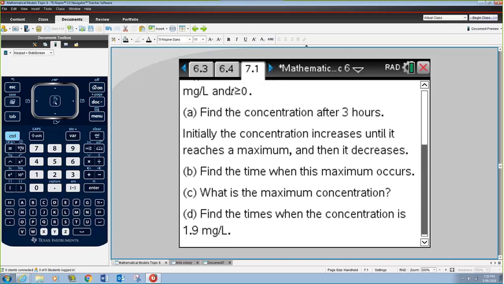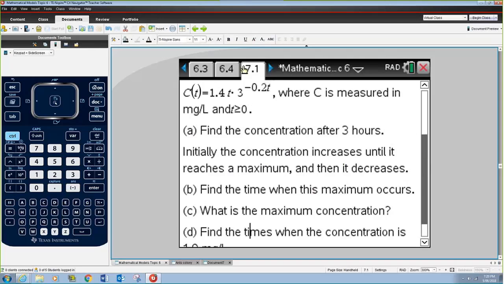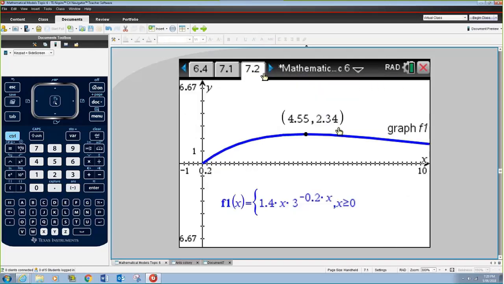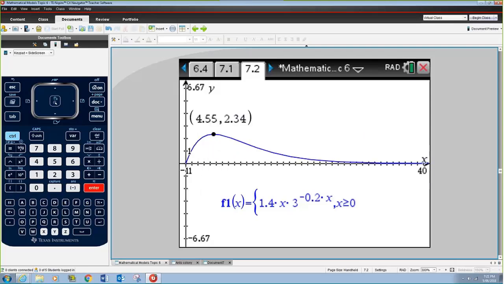This time I decided I will start with the graph. It draws nicely in the standard window, as we can see, and I actually restricted the domain to x greater than or equal to 0 here. So we see that the concentration initially increases, reaches a maximum, and then decreases. If we change the window, then the graph would look different.